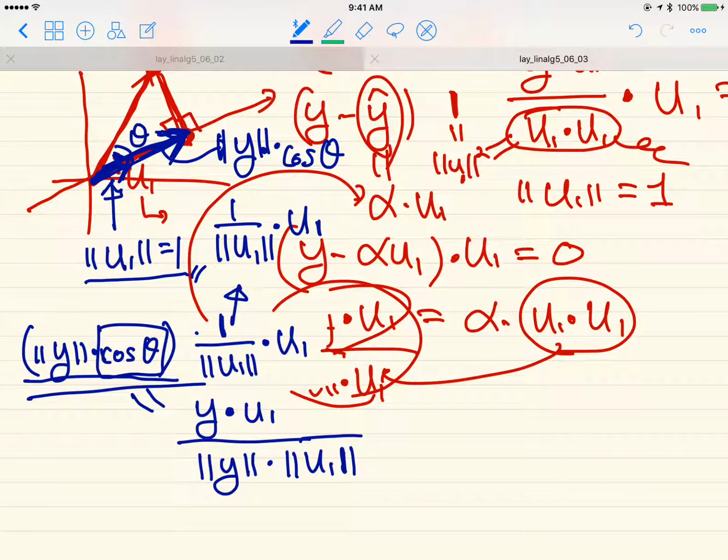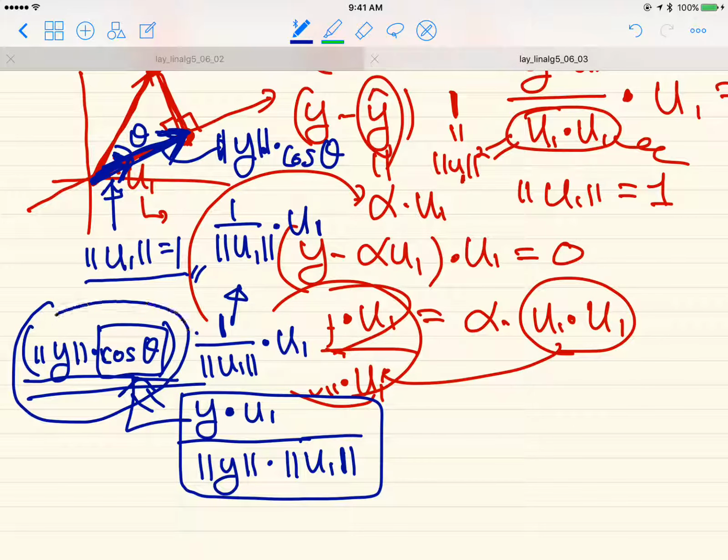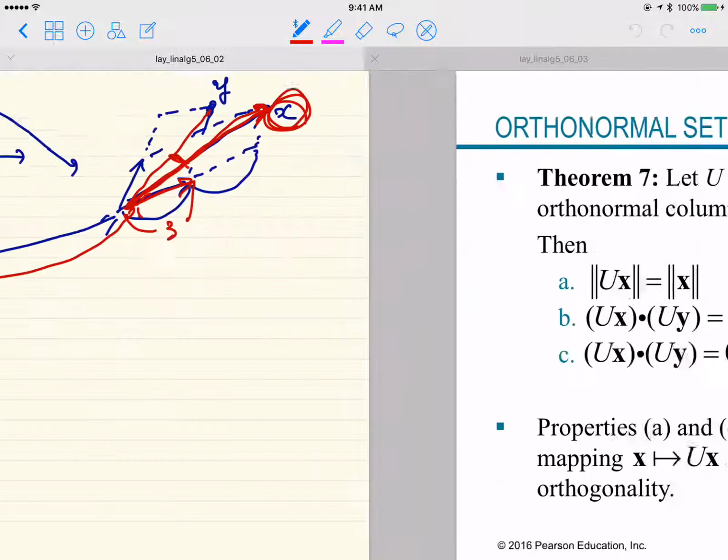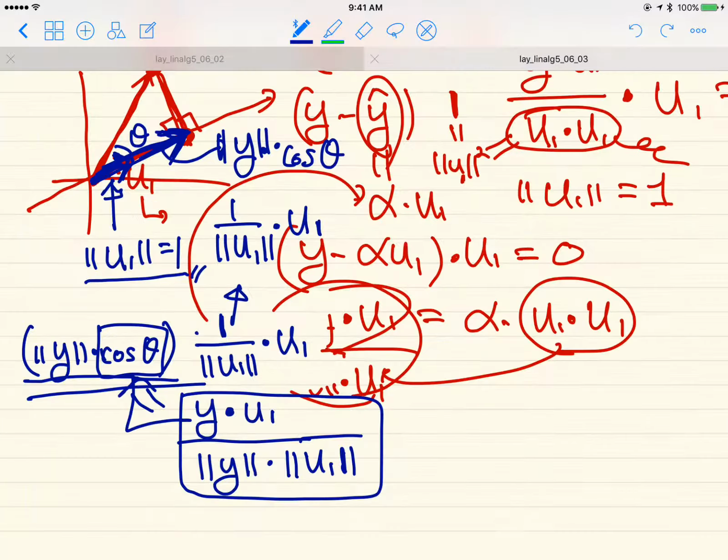From this equation, we have this formula for cosine theta. Again, this part is giving the length, and this part is specifying the direction, where the direction vector has length 1, because we made this vector that way.